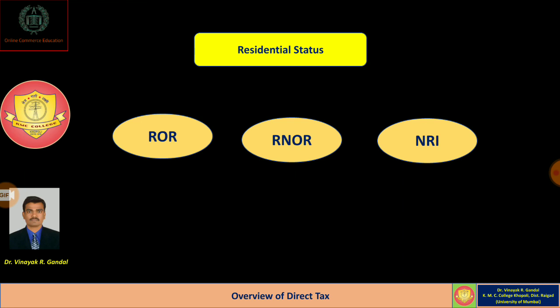So normally the tax liability is to be determined depending upon the residential status of an assessee. So in this course we have to understand the detailed provisions of determination of residential status of a person. For example, if a person who lives in India and earns money as income, and if his income exceeds a certain limit, then he is liable to pay tax.